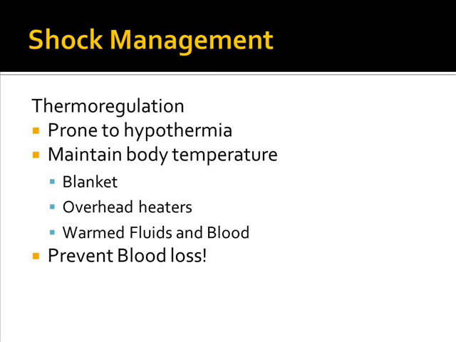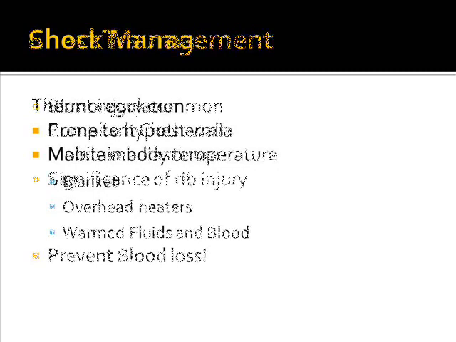And we must also prevent blood loss, because one, blood is an important medium of heat distribution, and two, loss of blood will require replacement with fluids that might not be at the same temperature.